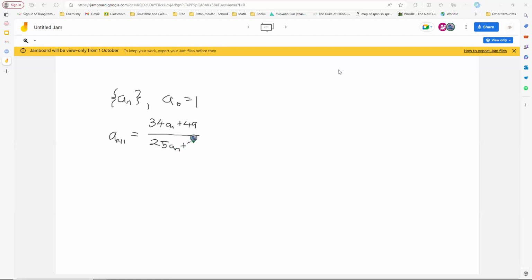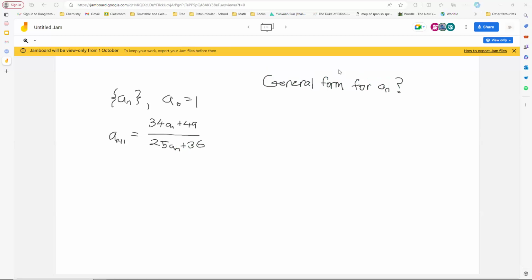And we're going to try to find a general formula for a_n. That's the problem.